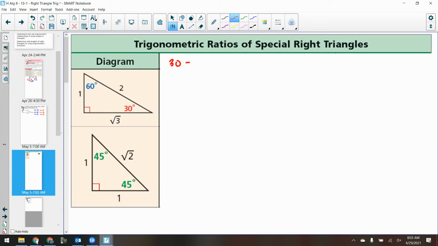Here's the 30, 60, 90 right triangle. I like to stand it up on its short side, and I like to put in letters. So this is the 30, this is the 60. This is the short angle, that's the big angle. Everything is always based around the short side of a 30, 60, 90 right triangle.